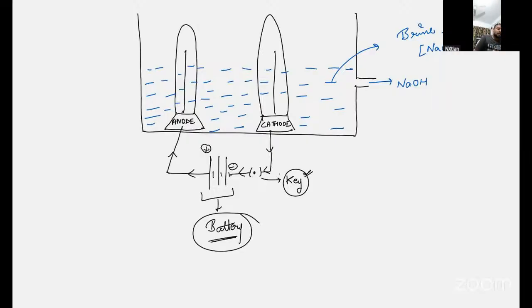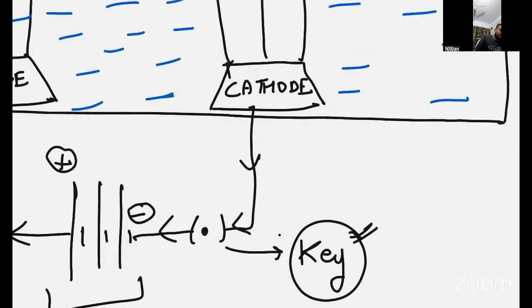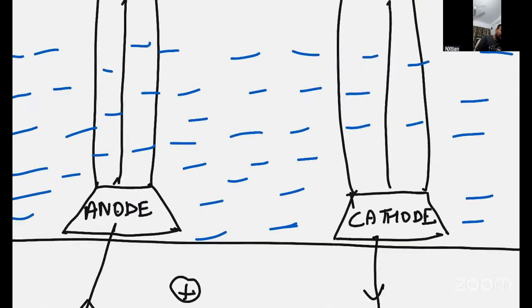Okay, now listen carefully, okay? Here we have the NaCl and water solution.